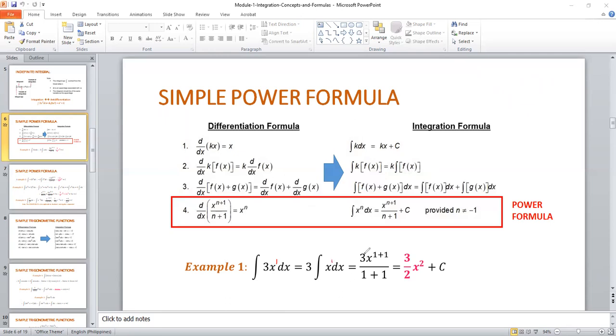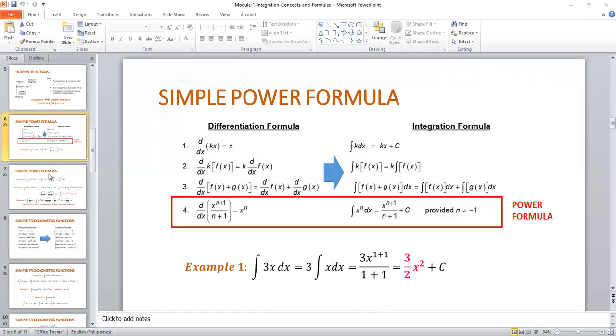So that would be 3 times x raised to 1 plus 1. And this 1 plus 1 here is reflected in the denominator. So your integral is 3 over 2 x squared plus c. That's using the very simple power formula. Okay? I think that's very clear.